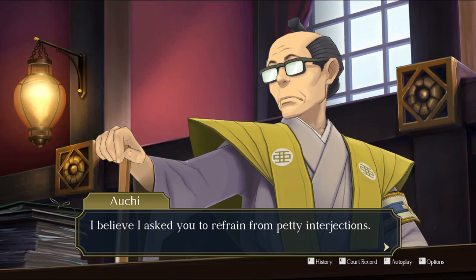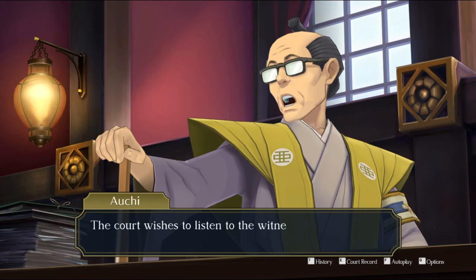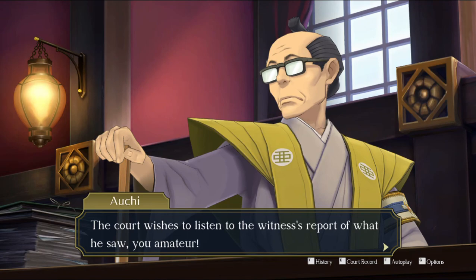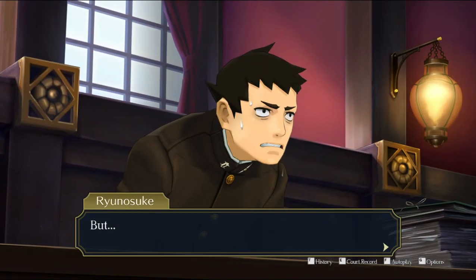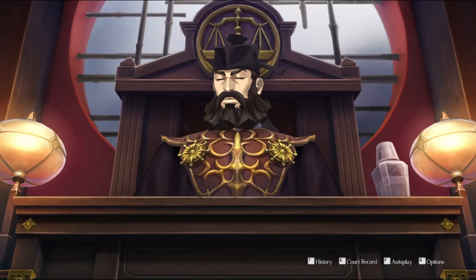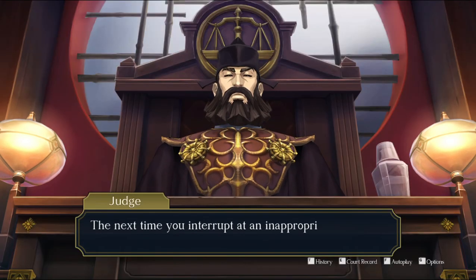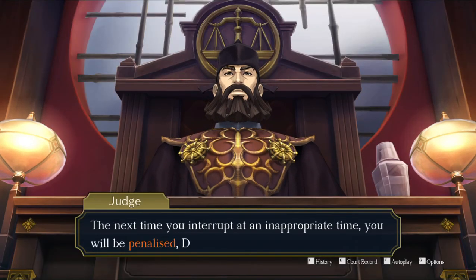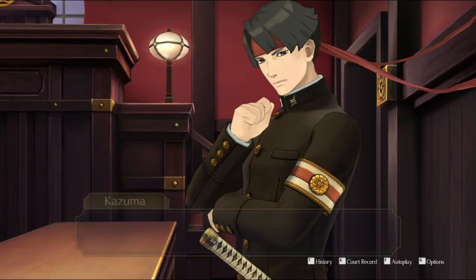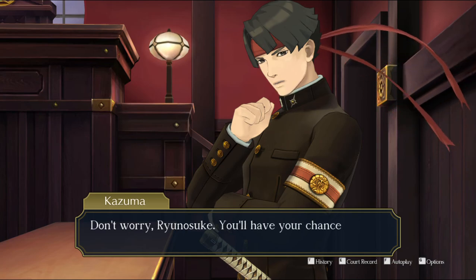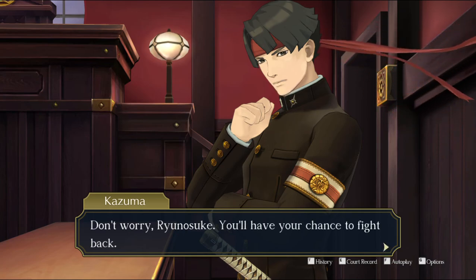I believe I asked you to refrain from petty interjections. The court wishes to listen to the witness's report of what he saw, you amateur. But... no. The next time you interrupt at an appropriate time, you will be penalized, defendant Naruhodo. No. Don't worry, Ryunosuke. You'll have your chance to fight back.